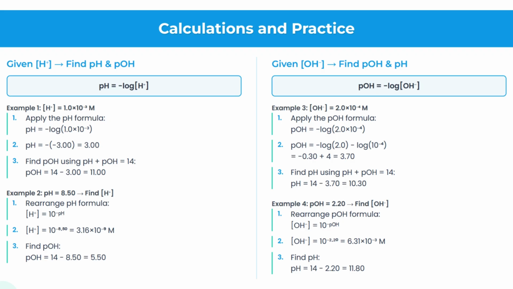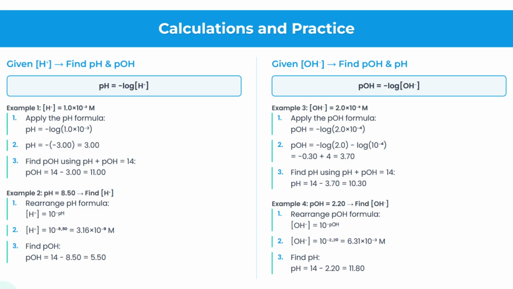Next, let's work from hydroxide ion concentration to pOH and pH. The formula is pOH equals negative log of the hydroxide ion concentration. In example 3, the hydroxide ion concentration is 2.0 times 10 to the negative 4th molar. We apply the formula, pOH equals negative log of 2.0 times 10 to the negative 4th.